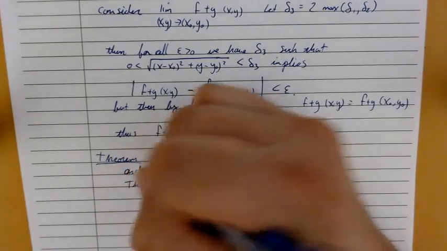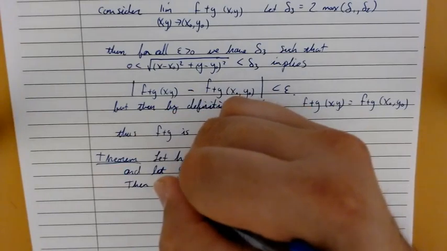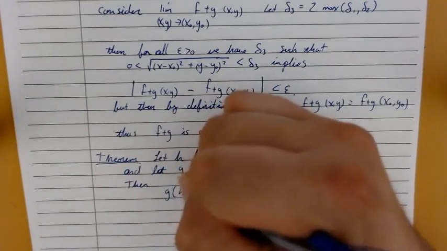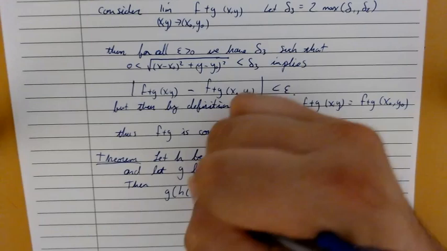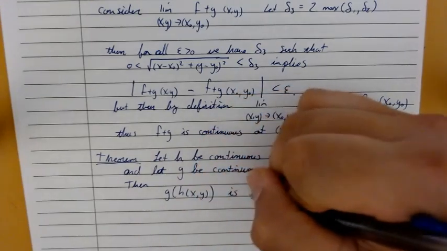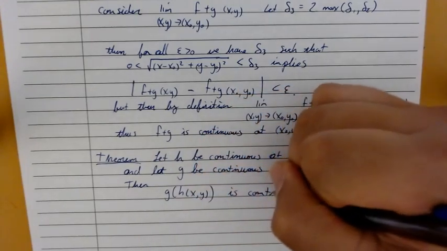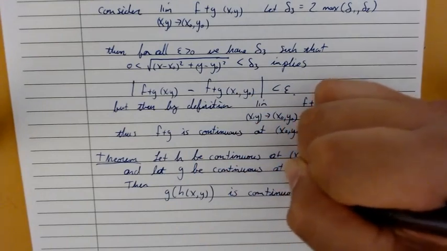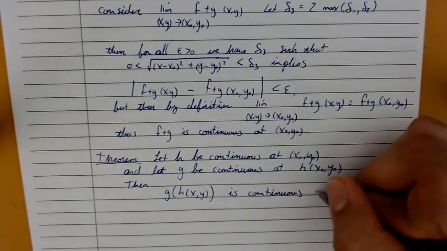Then g of h of (x,y) is continuous at (x naught, y naught) as well.